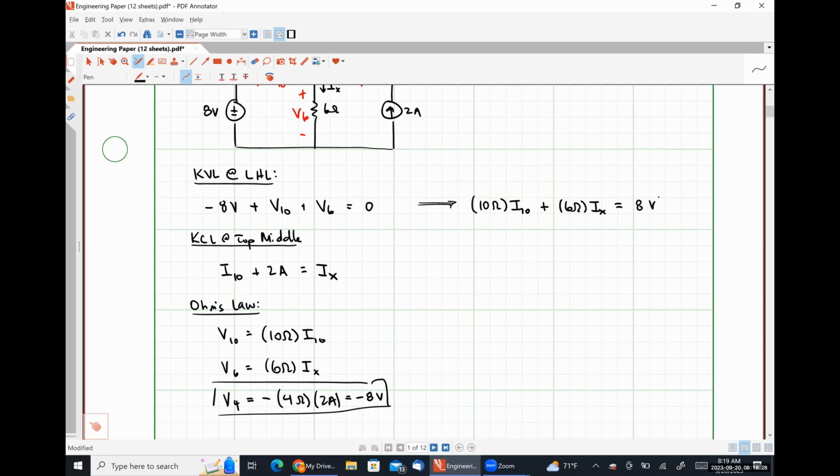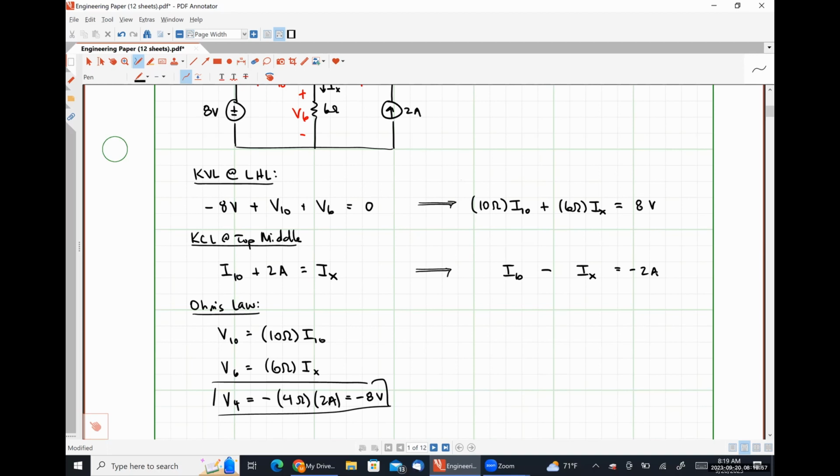So 10 ohms times I10 plus 6 ohms times IX is equal to 8 volts. I'm going to rearrange my KCL equation very slightly. So I'm going to say that I10 minus IX is equal to negative 2 amps.